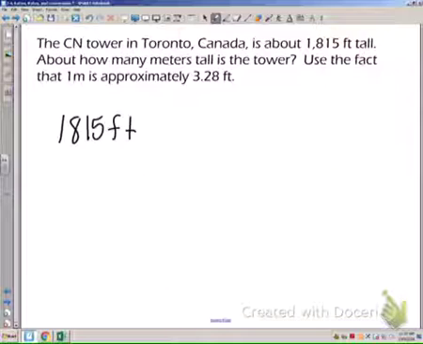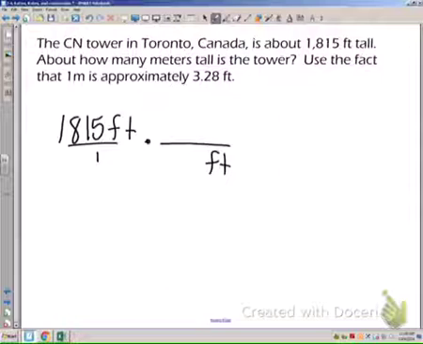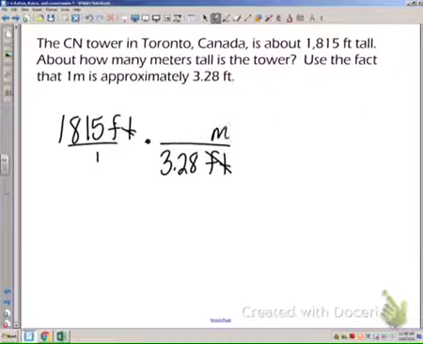So should I put meters over feet, or should I put feet over meters? Well, if you remember, when I multiply this, I want the feet to be in the denominator because over here it's in the numerator, so I want it to cancel. So if I put the 3.28 feet in the denominator, it's going to cancel with the feet in the numerator here, leaving me with the unit of measure that I want, which is meters.